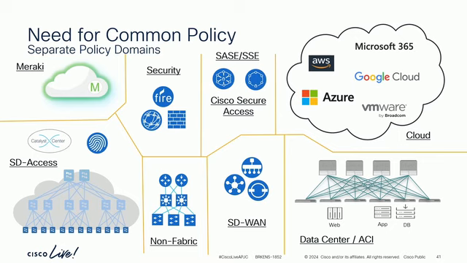So because of all these domains, how do we create a consistent security policy? Now, typically, we have admins in these domains, but how do admins in the data center know what's going on in other domains, and similarly in the other domains? So, how do they create consistent policies? That is the main challenge here.